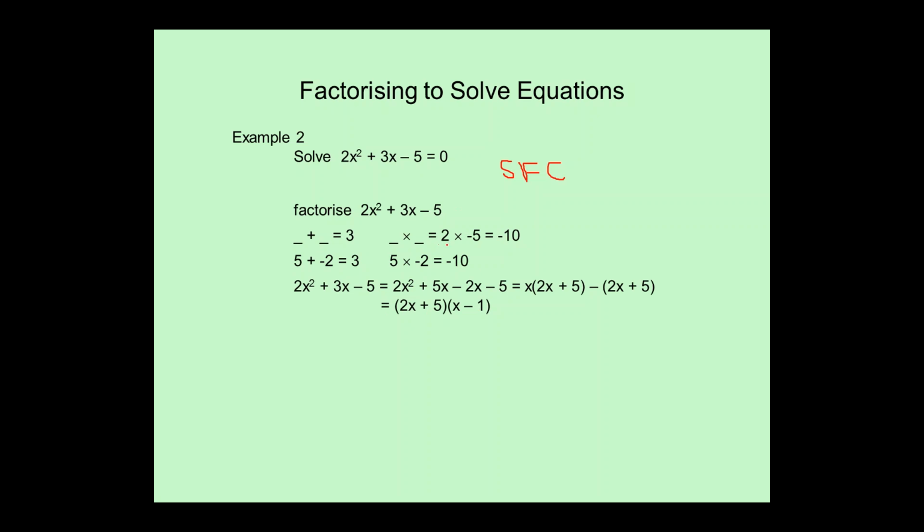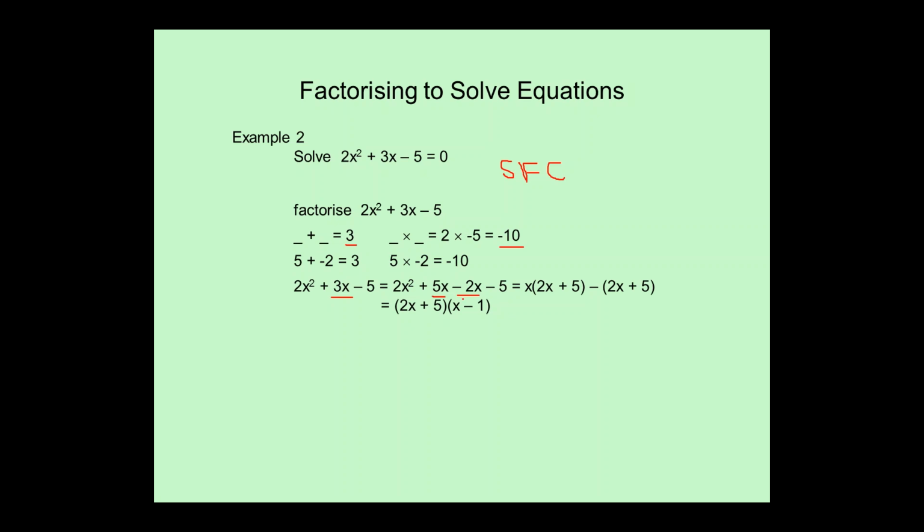We need a number that multiplies together to get minus 10. So there's still this trial and error bit. We're now looking for numbers for minus 10 and 3. So 5 minus 2 is 3, and 5 times minus 2 is minus 10. So we've found our numbers. We break the 3x up into the 5x minus 2x. We split the 2 terms.